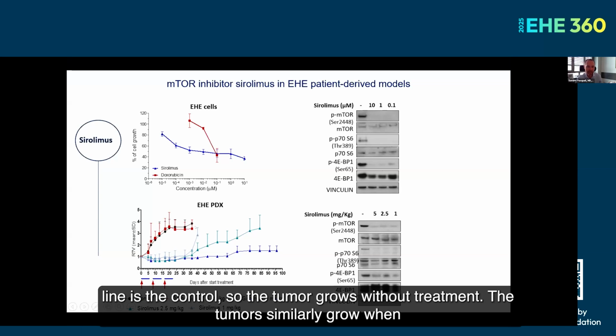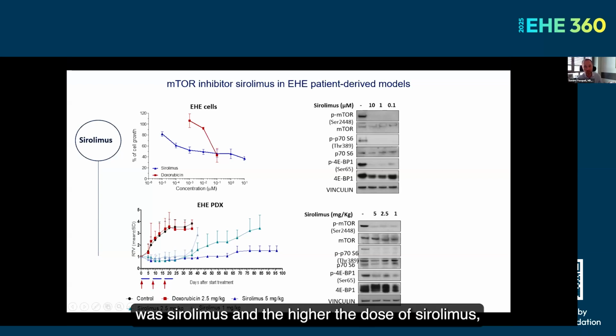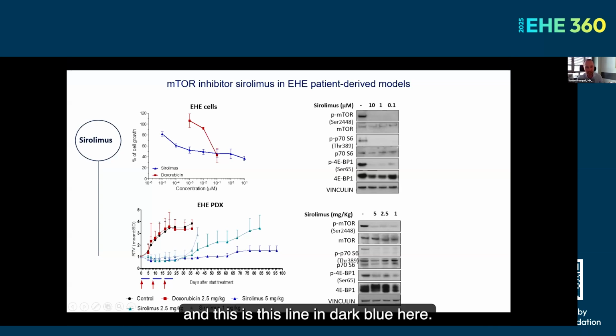The black line is the control, so the tumor grows without treatment. The tumor similarly grows when it's treated with doxorubicin, but we show a delay in tumor growth when the treatment was sirolimus, and the higher the dose of sirolimus, the higher the delay in tumor growth, and this is the dark blue line here.